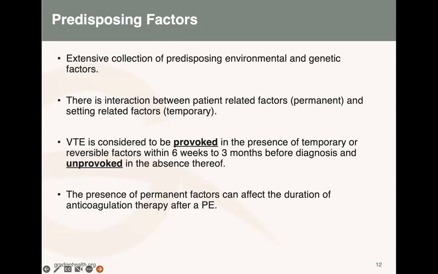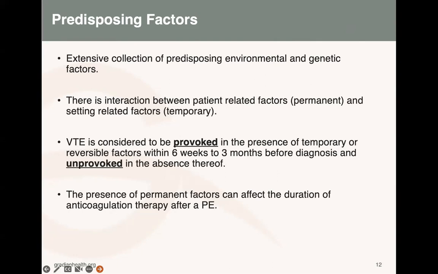So there is an extensive collection of predisposing environmental and genetic factors, and there is interaction between patient-related factors, which we call the permanent factors, things like genetic mutations, and setting-related factors, which we call the temporary factors, things like immobilization.